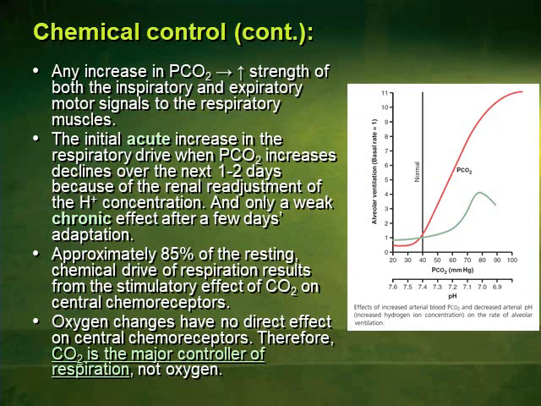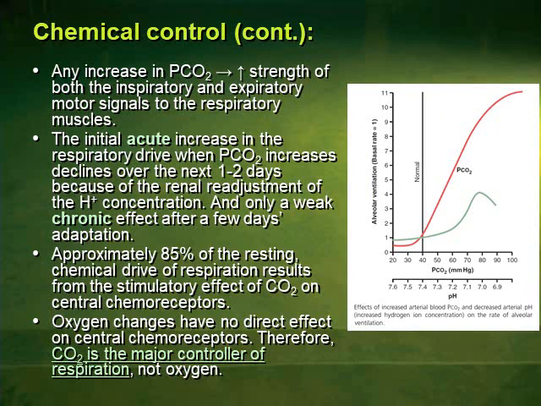What happens within 2 to 3 days is that there will be a kidney function, other than the respiratory system, to correct the acidosis. So if there is an increase in the carbon dioxide in the peripheral blood, this means there is acidosis, and the kidney will start to produce an extra amount of bicarbonate to neutralize the hydrogen ion.